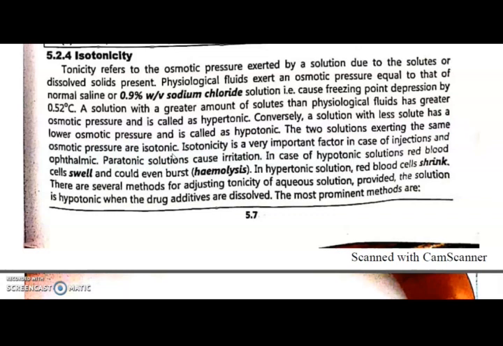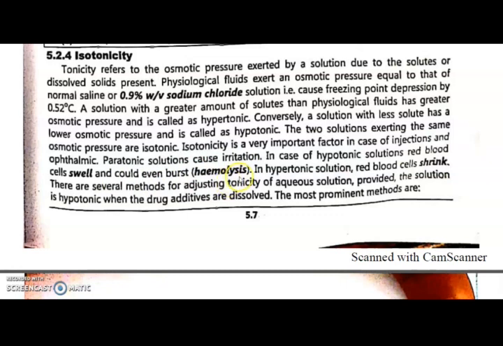But why do drug formulations, especially in case of injections and ophthalmic preparations, need to be isotonic with body fluid? Because when we inject or administer a hypotonic solution in a human body, it causes swelling of red blood cells, and red blood cells could even burst, which is known as hemolysis.